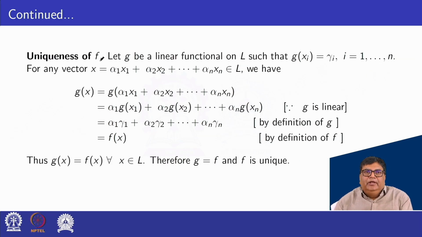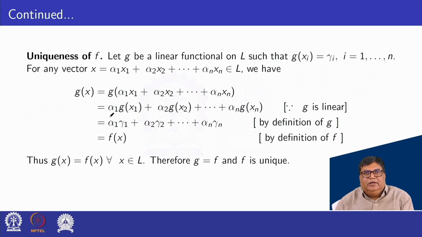Uniqueness of f. Let g be a linear functional on L such that g(xi) is equal to gamma i, i equal to 1 to n, for any vector x equal to alpha 1 x1 plus alpha 2 x2 plus and so on, alpha n xn belonging to L. We have g(x) is equal to g of alpha 1 x1 plus alpha 2 x2 plus and so on alpha n xn.